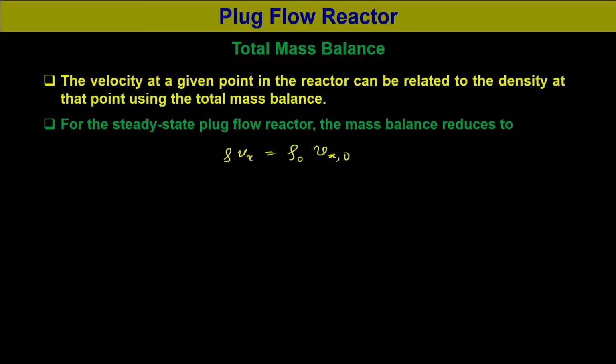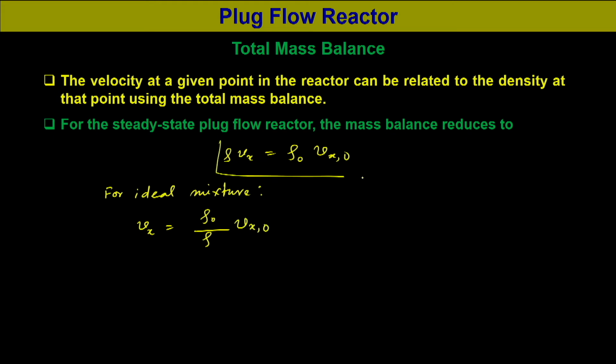So, like for ideal mixture, we can write Vx would be equal to rho naught by rho into Vx naught from this relation.